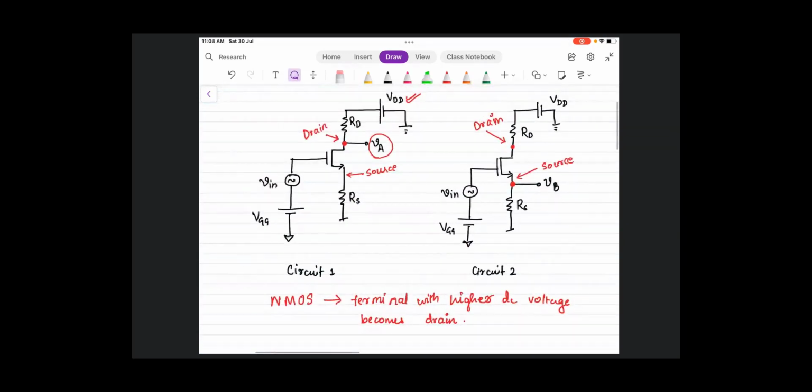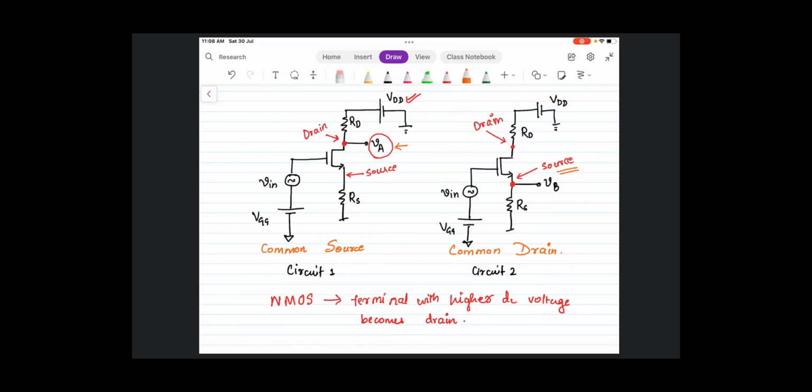Now when the MOSFET's AC output is taken from the drain, it is a common source configuration, and when the output is taken from the source, it is common drain. I hope you have this basic idea, but still I revised this.